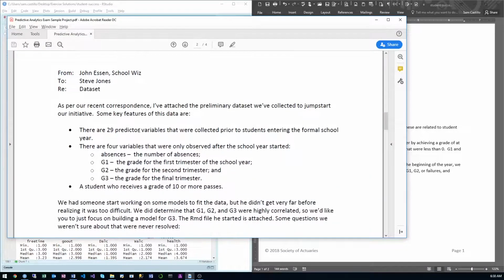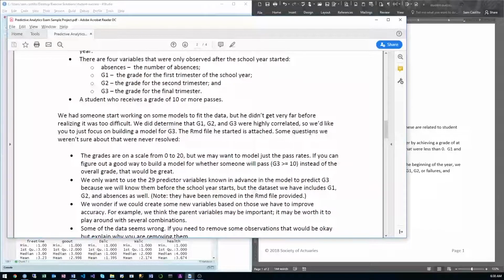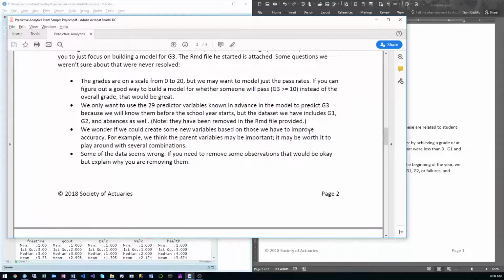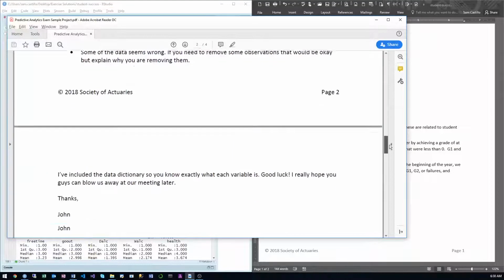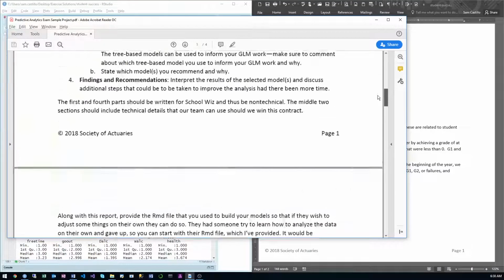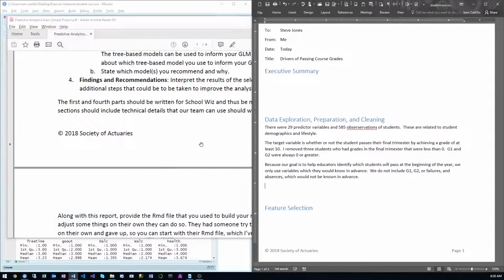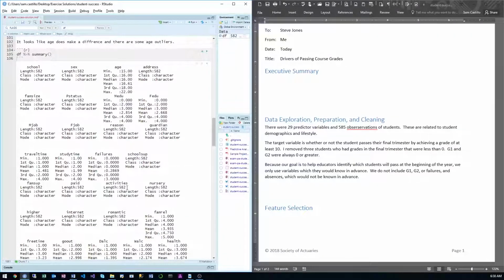It just says there are 29 predictive variables collected prior to the student entering the formal school year. So it's not really clear.